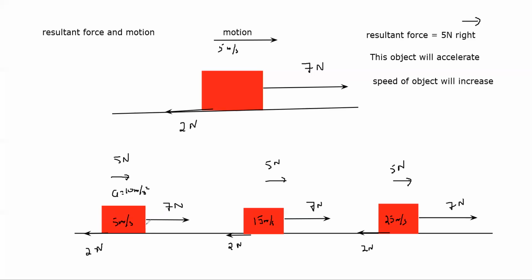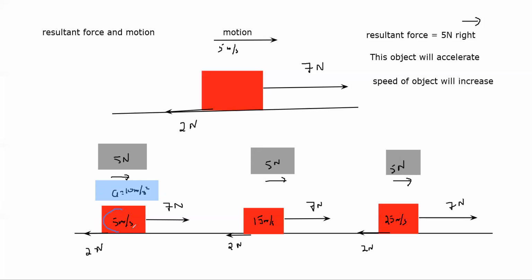So what happened? This object experienced a constant resultant force. What is the resultant force? 5, 5, 5. There's a way to calculate acceleration, but I took a random number here. If this object was having an acceleration of 10 meter per second square, every second it changes speed by 10.